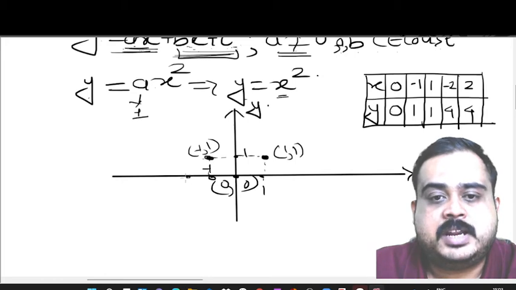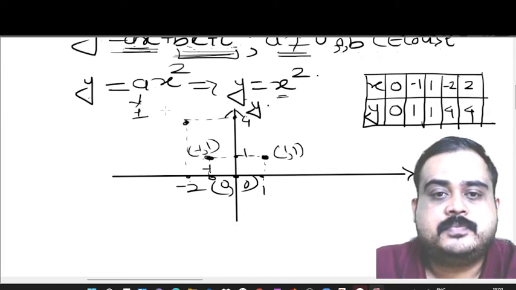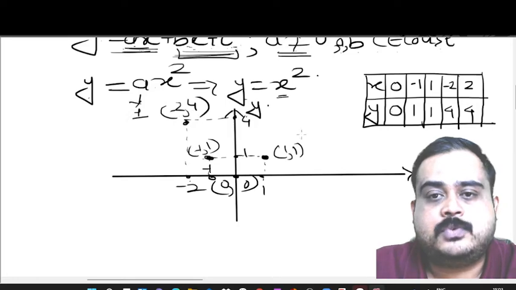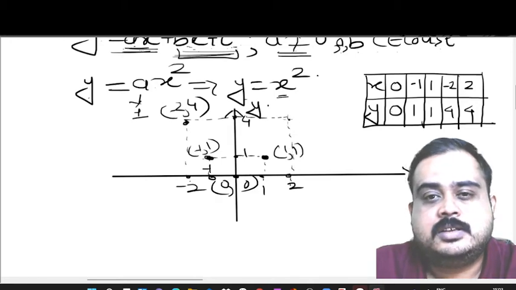X equal to minus 2 and we are getting y equal to, let us say 4 is here somewhere. So y equal to 4. Let us plot these. So minus 2 comma 4. For x equal to 2, we'll get y equal to 4 again. So this is 2 comma 4.